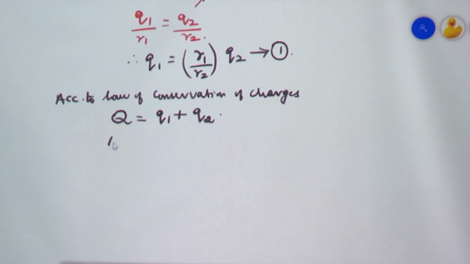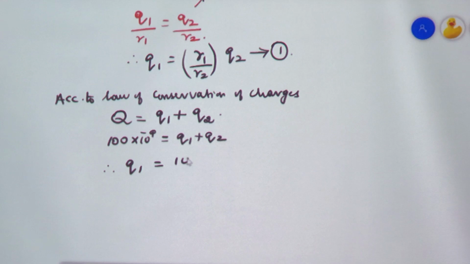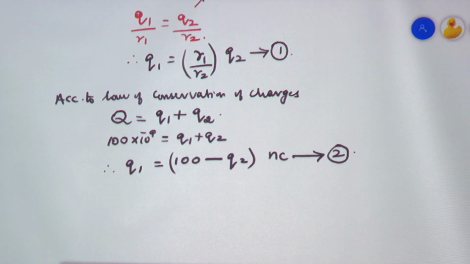So, I can substitute 100 nanocoulomb, which is given. So, 100 into 10 to the power of minus 9 is equal to Q1 plus Q2. Therefore, from this equation you calculate Q1. Q1 is equal to 100 nanocoulomb minus Q2. The answer will be in nanocoulombs. Let us take this as equation number 2.